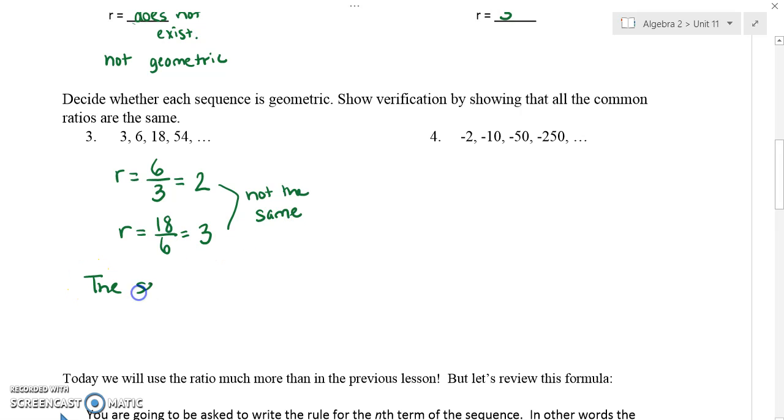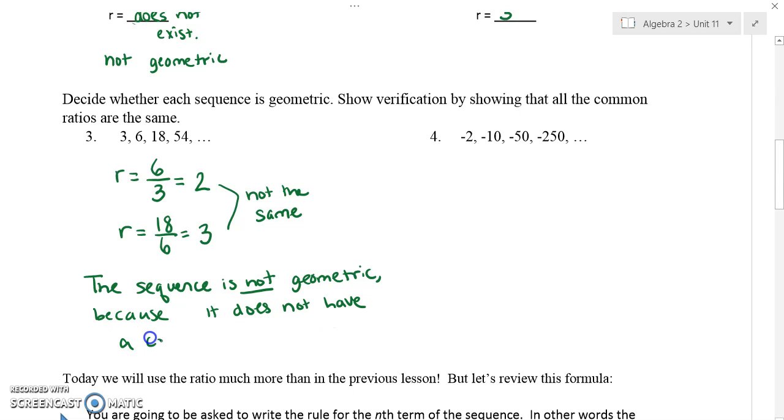The sequence that we have right now is not geometric. And if they asked us why, we would say it's because it does not have a common ratio. It's not common if one is being multiplied by 2 and the other one is being multiplied by 3. All right, so we don't even have to test 18 divided by 54 if two of them are already different.